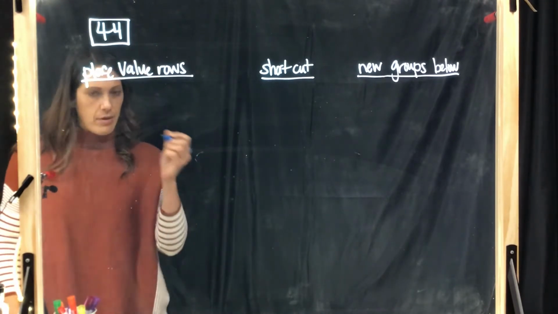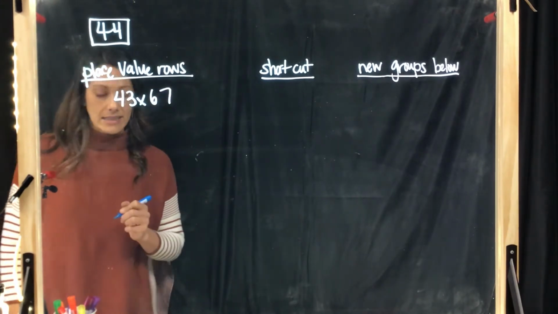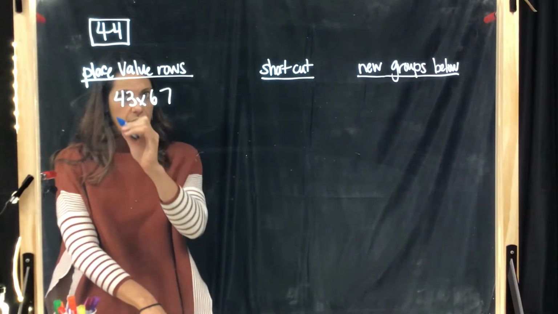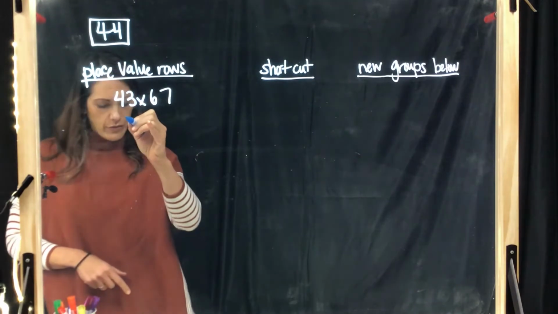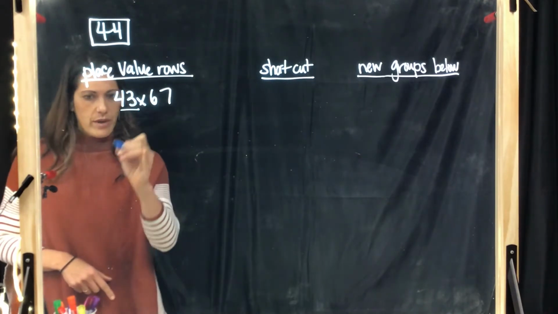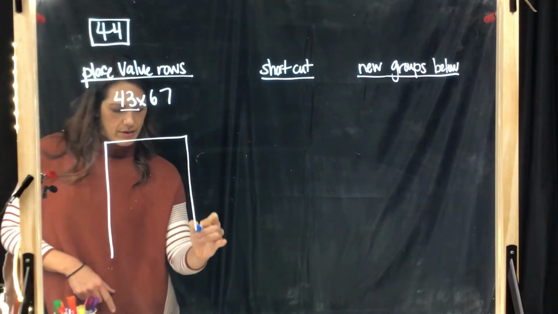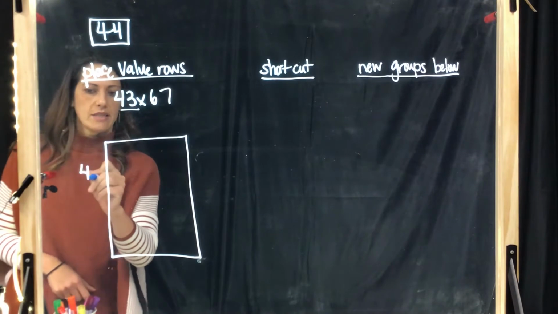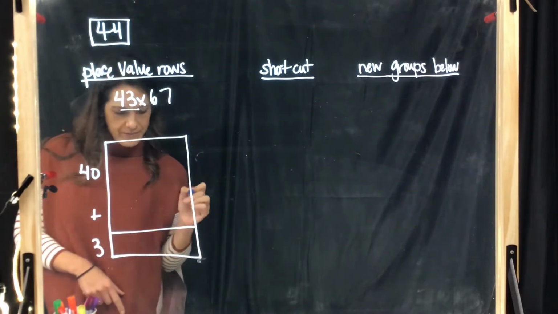So I'm going to use the problem 43 times 67. In this problem, we're going to think about the area and make a box for these numbers. For instance, I'm going to take 43 and cut it up like this and say that this is 40 plus 3.